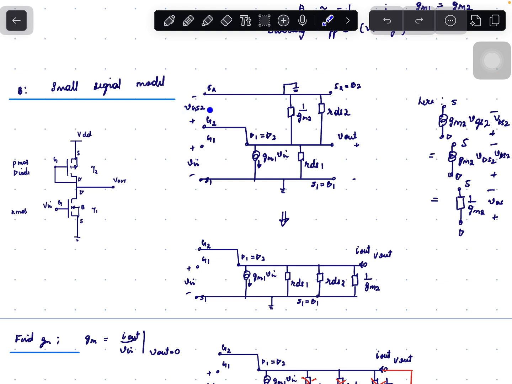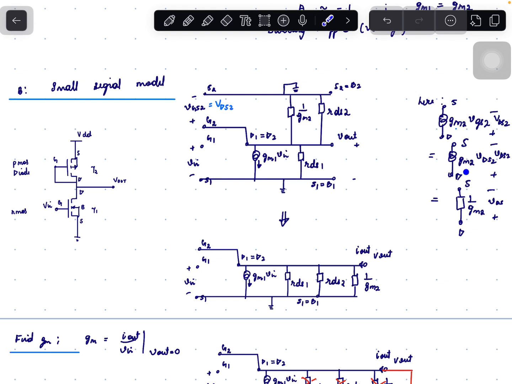Gate to source voltage is given by VGS2. Here VGS2 is nothing but VDS2. Actually here it should be GM2 times VGS2. Since VGS2 is equal to VDS2, we can write this as GM2 times VDS2.